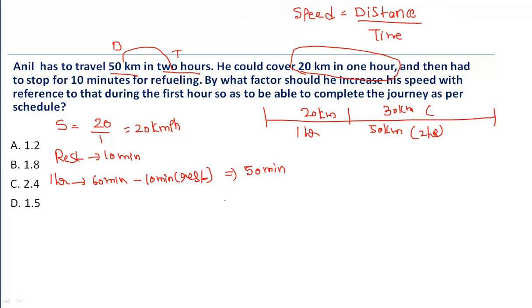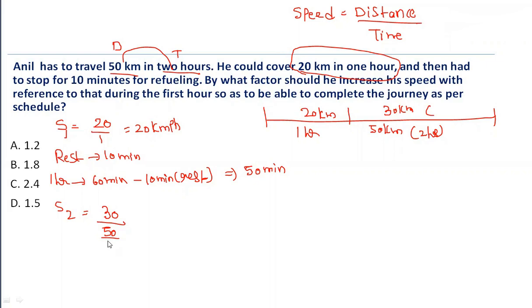The target distance he now has to cover is 30 kilometers in 50 minutes. So if you want to find the second speed S2, it is 30 kilometers of distance to cover in a time of 50 minutes. Since the time is in minutes, let's convert it into hours.